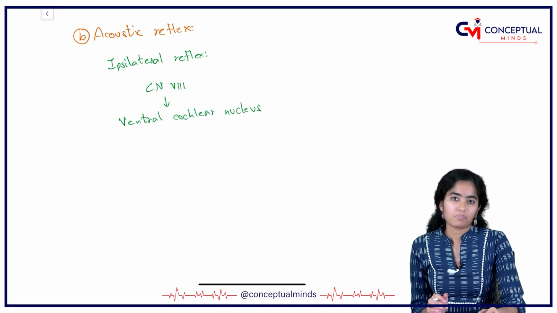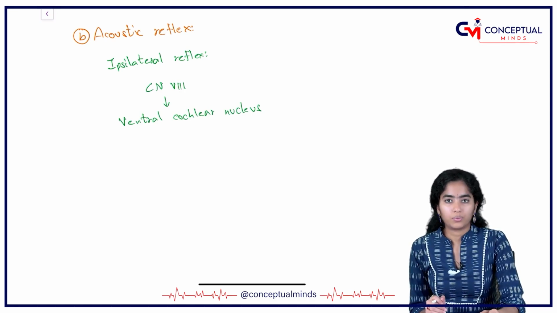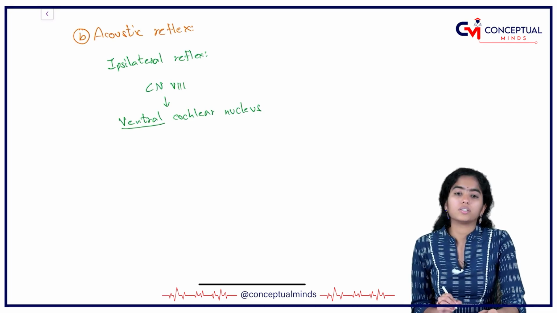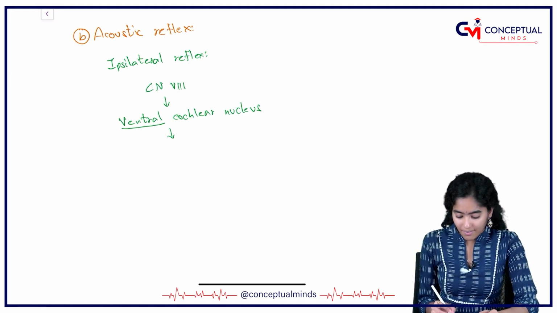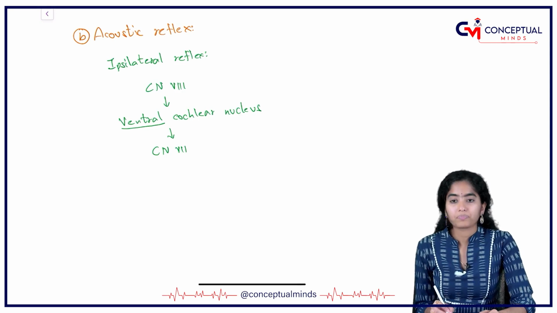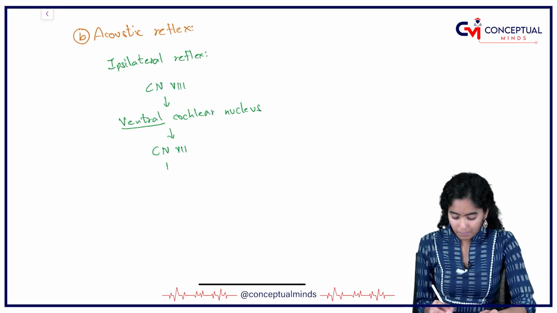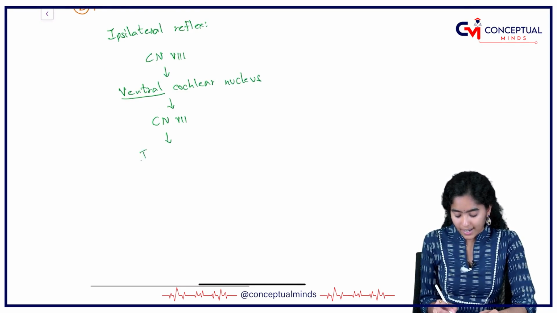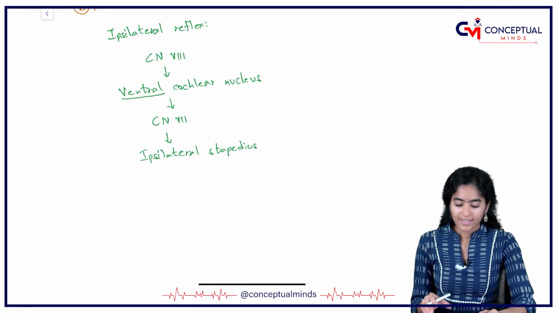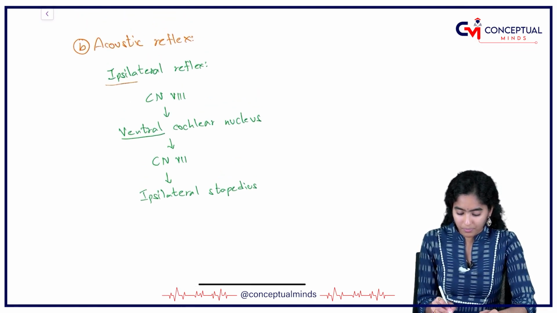The eighth nerve synapses into dorsal and ventral cochlear nuclei, but for our acoustic reflex, the ventral cochlear nucleus is important. From the ventral cochlear nucleus, the seventh cranial nerve, the facial nerve, is activated, and this supplies the ipsilateral stapedial muscle. This is the ipsilateral reflex.